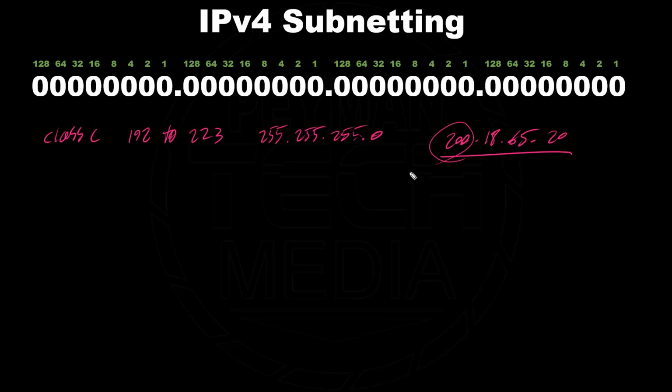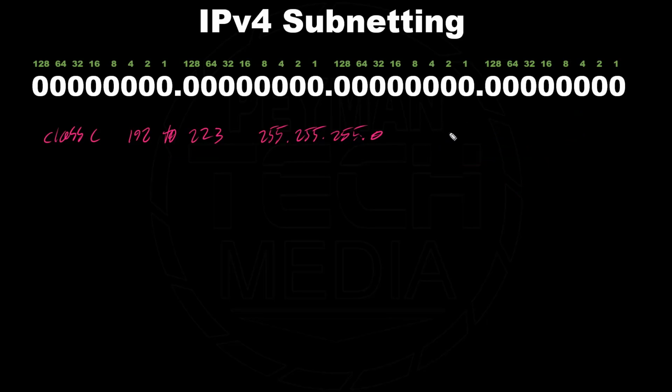How do we know? Looking at the first octet, 200 falls into this range between 192 and 223. So that's an example of a class C IP address, and for the default subnet mask, the first 3 octets belong to the network and the last octet belongs to the host, with the default subnet mask of 255.255.255.0.